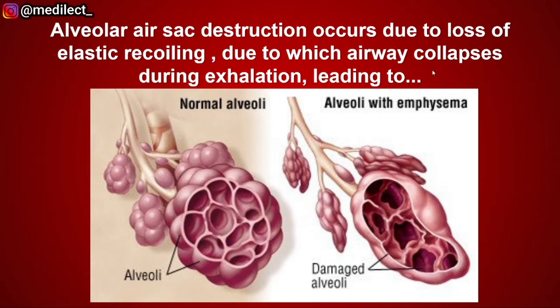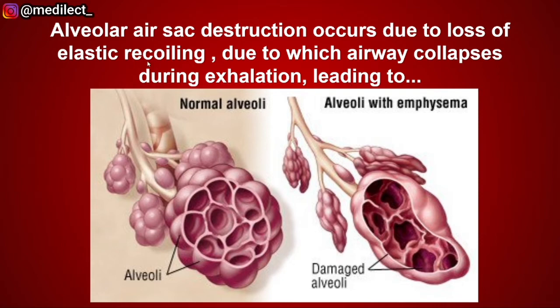So this is the common cause of emphysema. There is a loss of elastic recoiling, which is leading to the alveolar air sac destruction, leading to the airway collapse during exhalation, leading to obstruction and air trapping in the lungs.